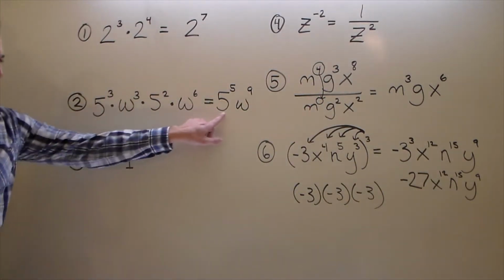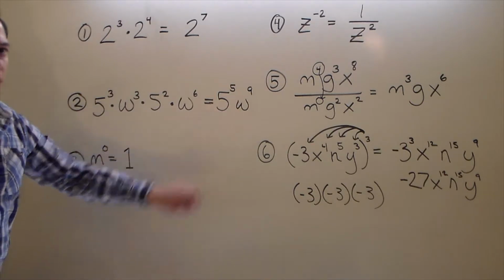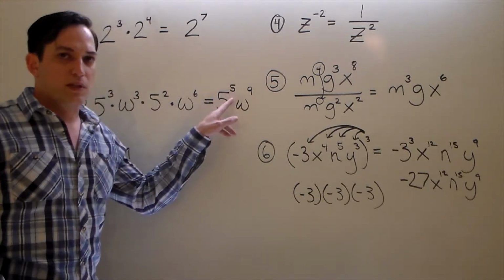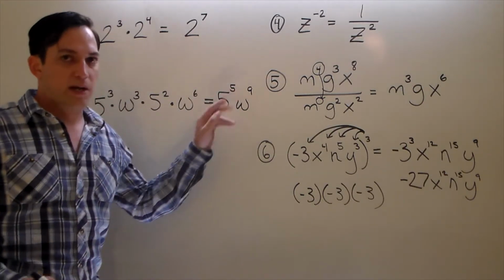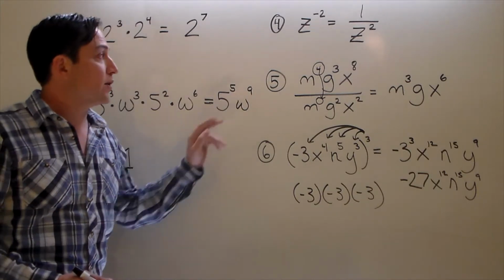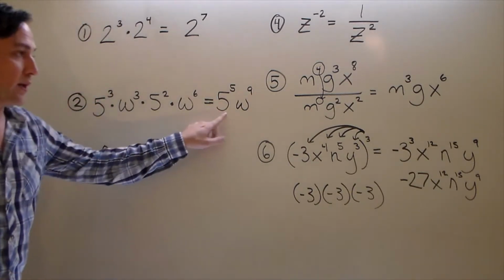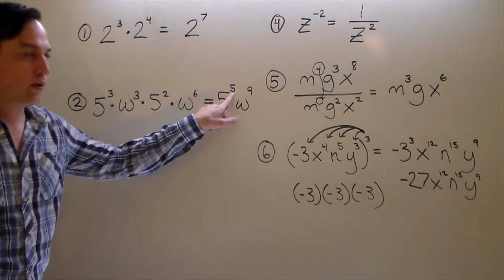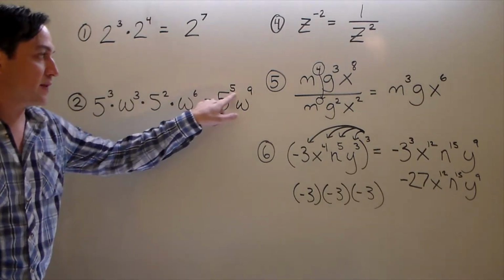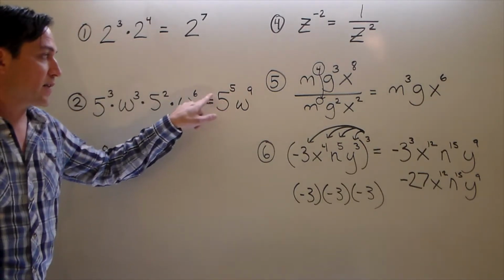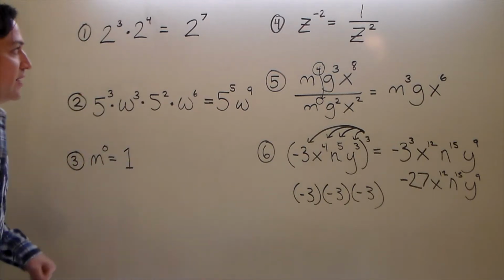Like I said before, I could have simplified this 5 to the 5th power, but I just didn't want to. It's a large number and I can't do it directly in my head. I'd have to get to a calculator to do it. But that is just a number. It will keep the sign that it has because it's an odd power. In this case, it's positive, so it's just going to be positive anyway.